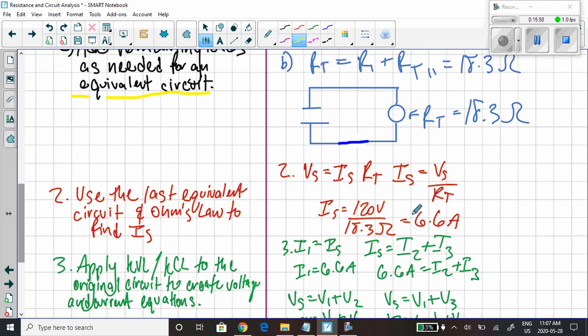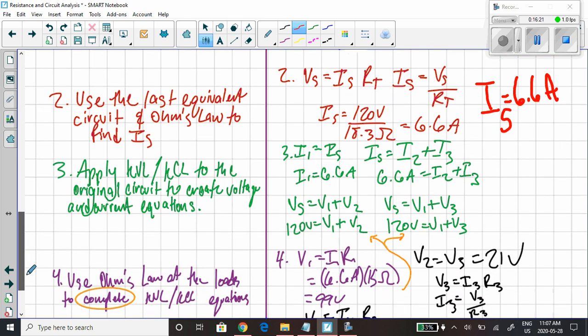So wow, we've just solved one of our unknowns. We've just figured out that the current that leaves the source is 6.6 amps. 120 volts divided by 18.3 ohms is 6.6 amps. There you have it. Current at the source. But we got other stuff to figure out, and that's where the third step comes about.